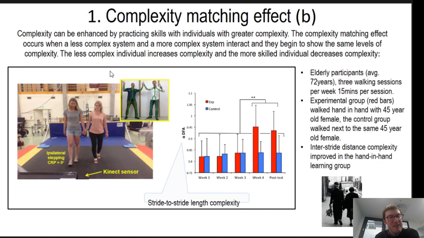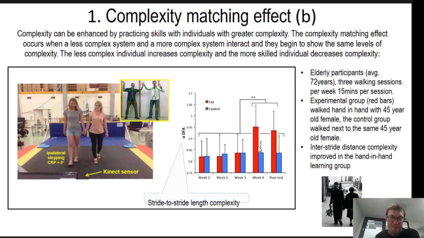what they did was an intervention where one group, the group with these blue bars, the control group, would walk around an oval next to a healthy young adult, okay, without touching them, without holding their hands. Okay, so they did this 15 minutes per session, three walking sessions per week, and the complexity of their stride length, right, was measured.